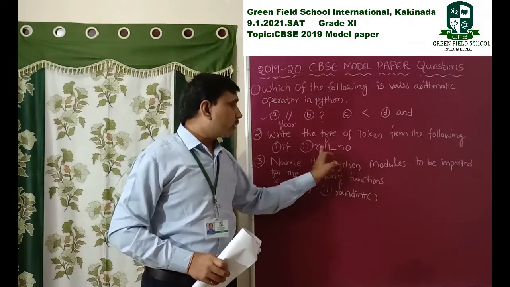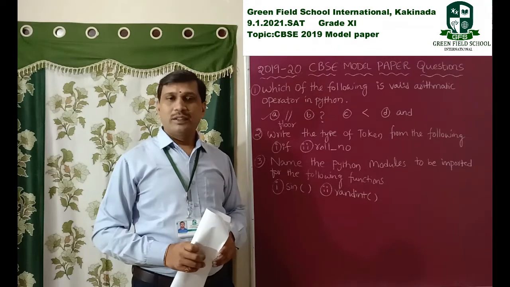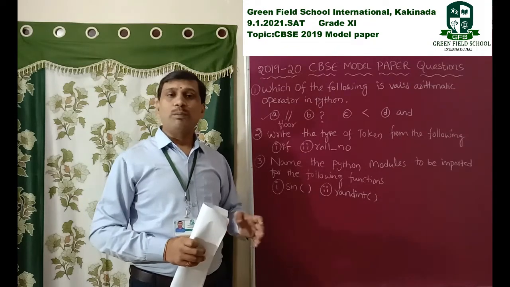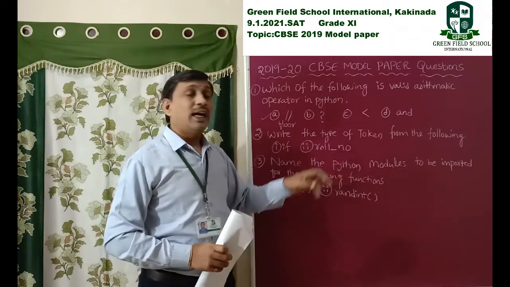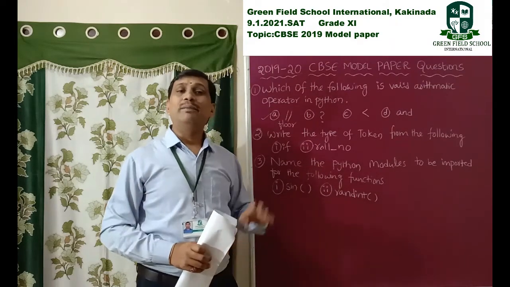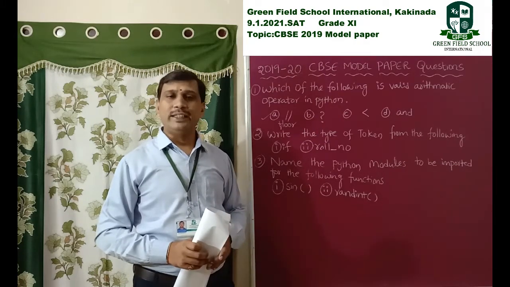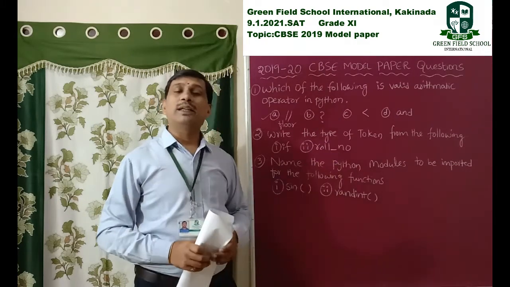If two words are combined, as a compound, then we use the underscore symbol. The underscore is valid. The remaining symbols like at the rate, hash, dollar are not valid here. Only the underscore symbol is valid.